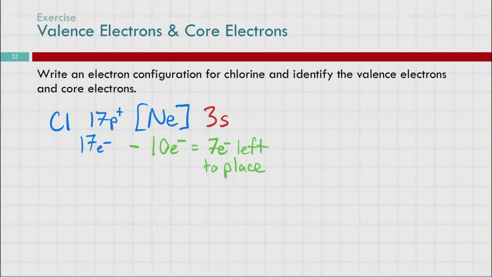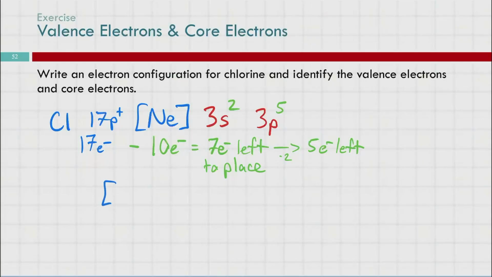And our first block that we encounter, moving left to right, is our S block, our first 2 columns. We're going to plop 2 electrons down. And so we've got 5 electrons left after filling up our 3s block. Up next, jumping across our transition metals, we get to 3p. 3p has enough room for 6 electrons, so we can very comfortably fit 5 electrons inside of our 3p. So symbol for neon, 3s2, 3p5 is our electron configuration.